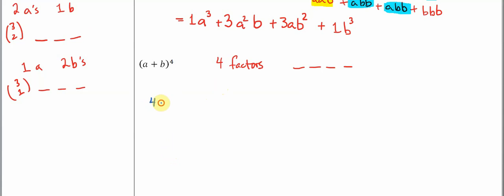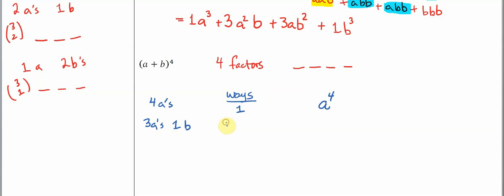We could have 4 a's, right? And there's just one way to do that. Right, that's it. So that tells us that a to the 4th is going to be a part of this. Okay. Then another possibility is that we could have 3 a's and 1 b. Right? And how many ways are there to do that?